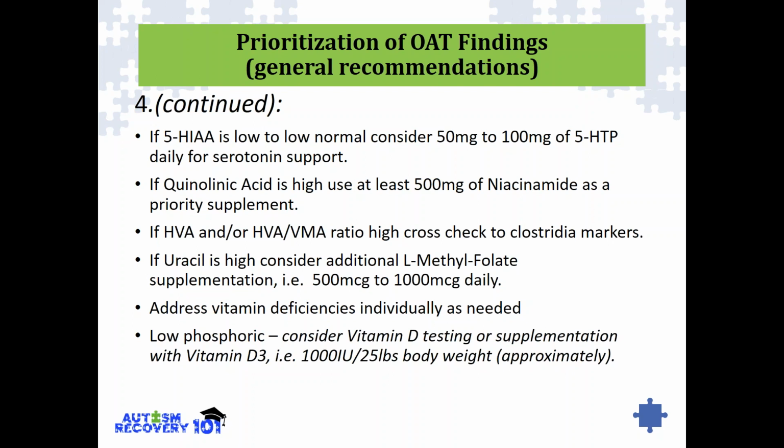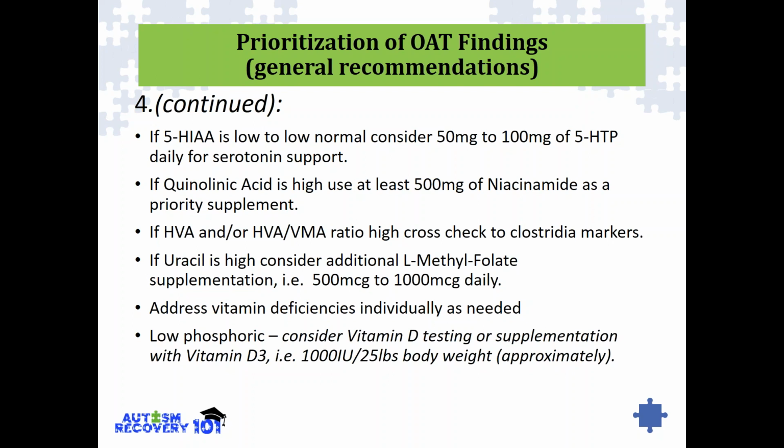That quinolinic acid marker I mentioned, you won't find it elevated very often, but if it is, I've seen good success with a product called niacinamide that helps to prevent or slow down the production of quinolinic acid. If the uracil is high, well, the implementation of L-methylfolate supplementation can be worthwhile.